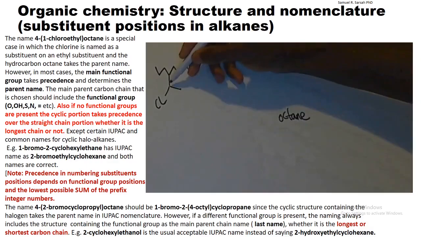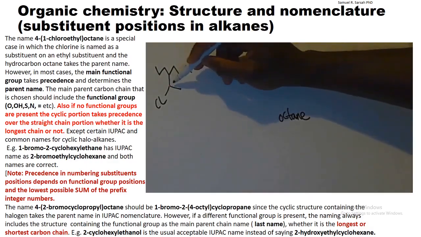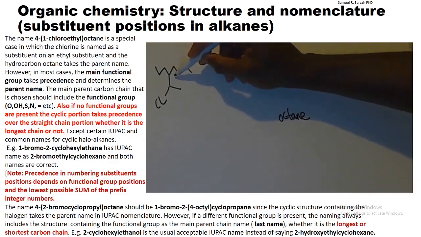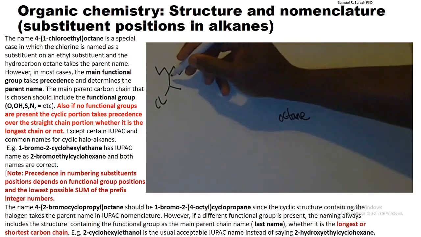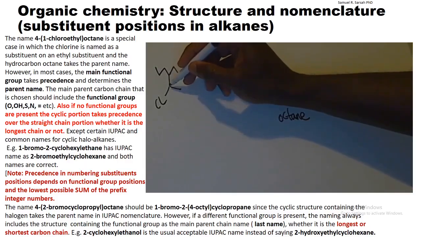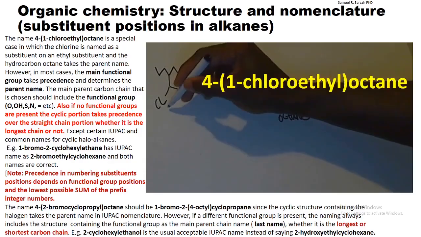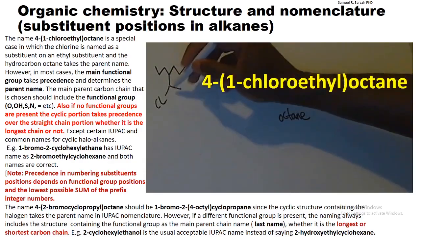But we have an ethyl group. This ethyl group is coming off of carbon number 4. Okay. However, the first carbon on the ethyl group that's coming off of the main chain has a substituent on it, which is chlorine. So you have to take that into consideration.